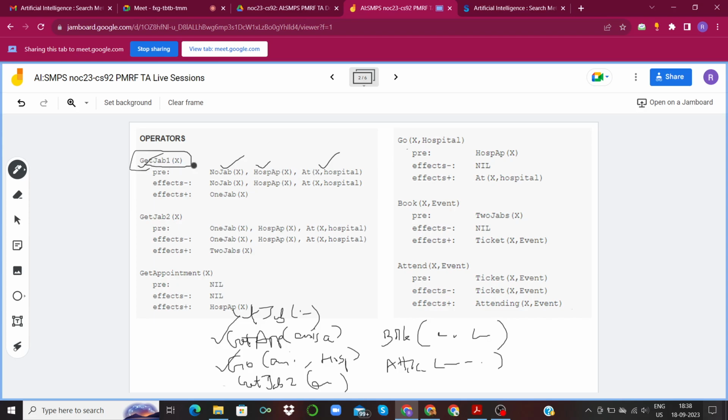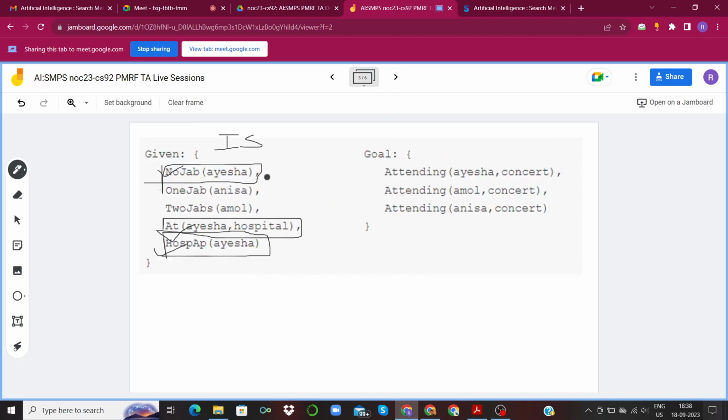So we will directly apply this get jab 1 operator, and the result of that would be the removal of each of these from the state. This will be removed, this will be removed, and this will be removed, and one jab Aisha will be added.